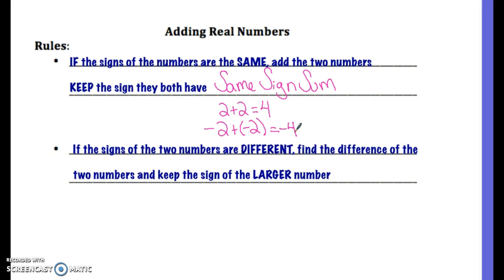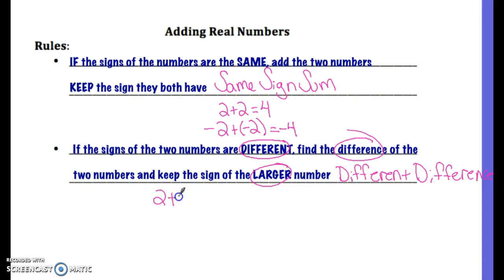However, if the signs are different, you find the difference of the 2 numbers and keep the sign from the larger number. I call this one different difference. So for instance, if I had 2 plus -4, I would really subtract because they're different signs.